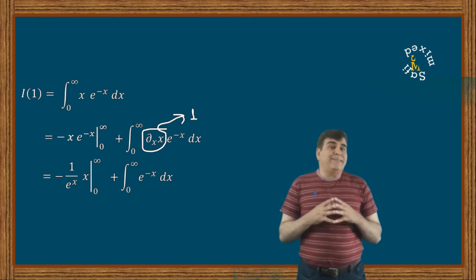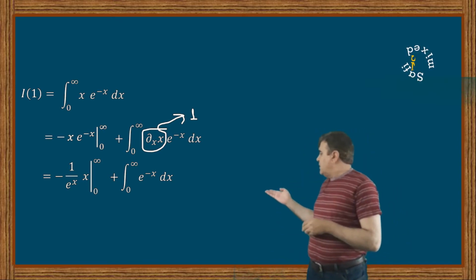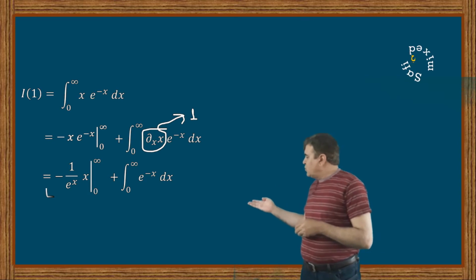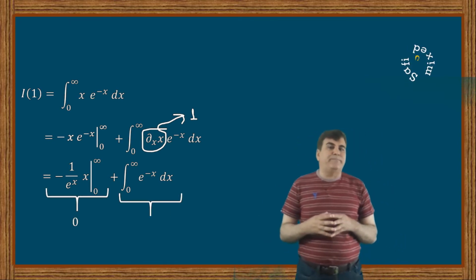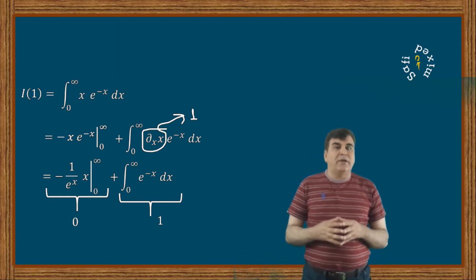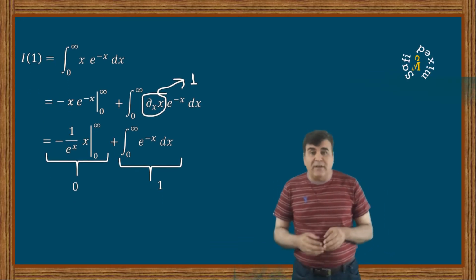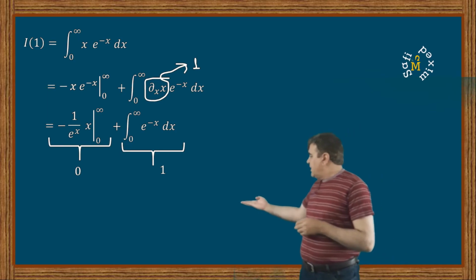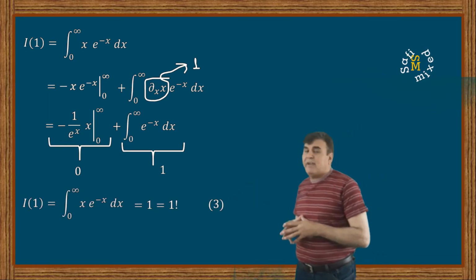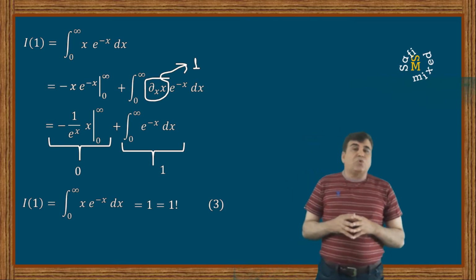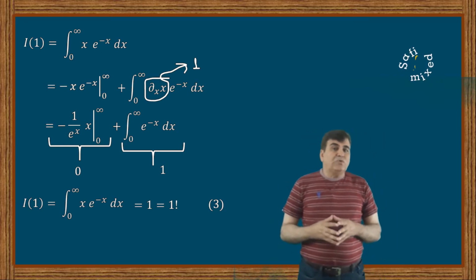Now substituting the limits, the first part on the right goes to 0, and from the result of equation 2, the integral of the second term is 1. So we can write the integral in the form of this relation, where I have substituted 1 equals 1 factorial. So I1 equals 1 factorial.